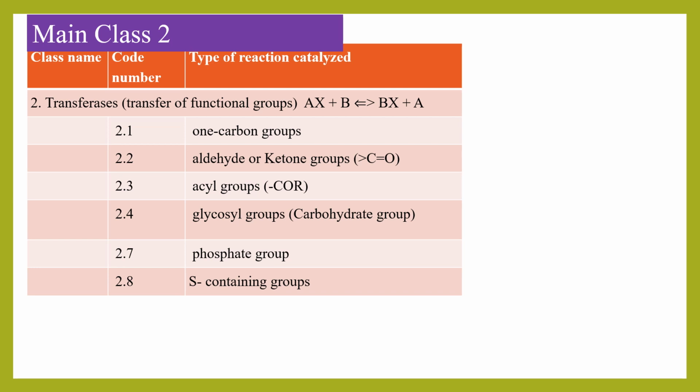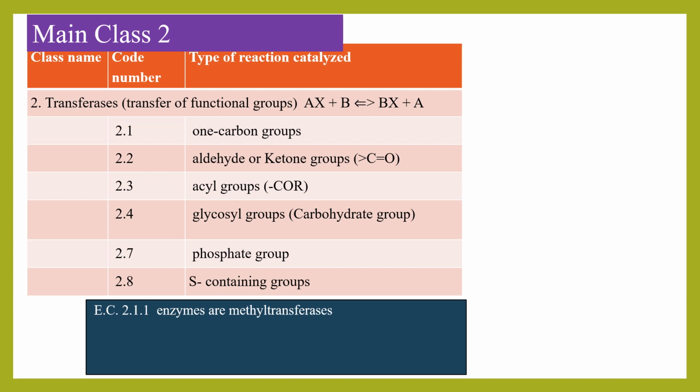Here again we have subclasses. 2.1 indicates the transfer of 1 carbon groups. 2.2 indicates the transfer of aldehyde or ketone groups. 2.3 indicates the transfer of acyl groups. 2.4 indicates the transfer of glycosyl groups. 2.7 indicates the transfer of phosphate groups. 2.8 indicates the transfer of sulfur containing groups.